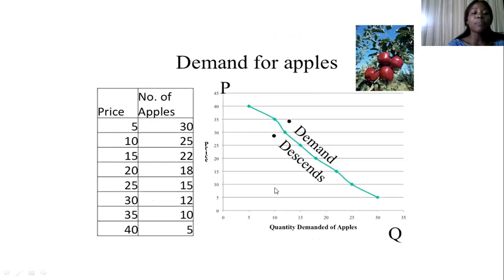Next, we look at another one. We have apples. The price for apples goes from 5 to 40, and as the prices increase, less of apples are demanded. So when a graph is plotted, we have the plot of price against quantity of apples demanded. You see there is a gradual decrease in quantity demanded as you move from down to up.